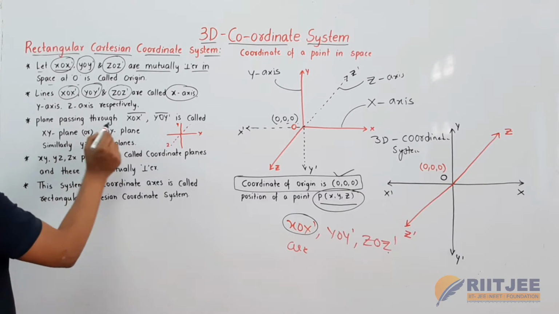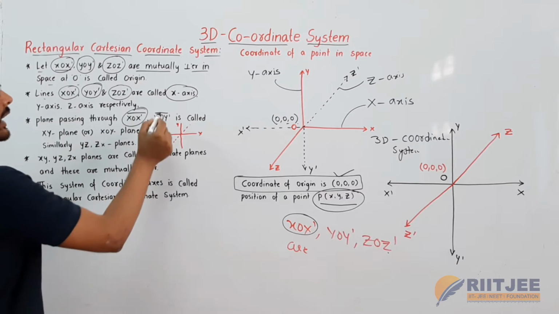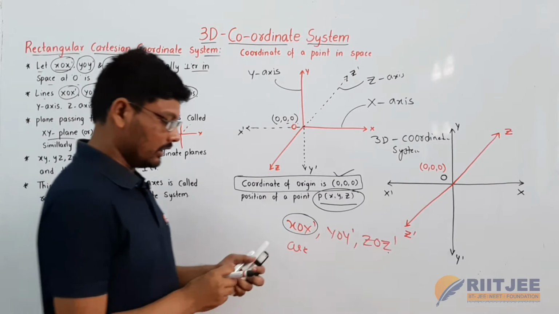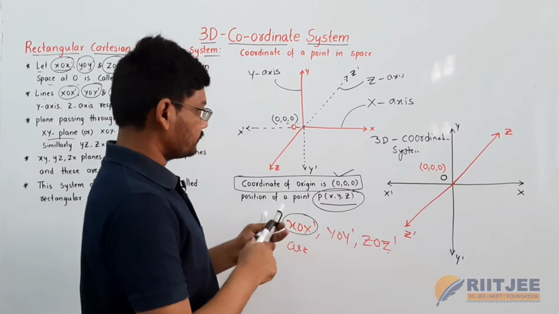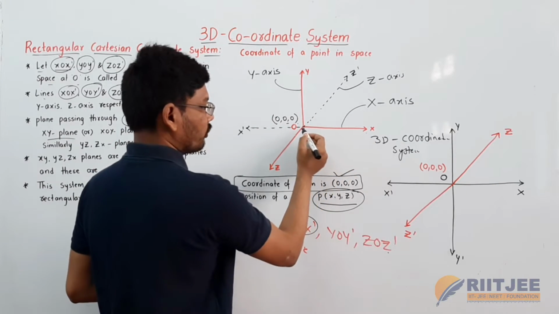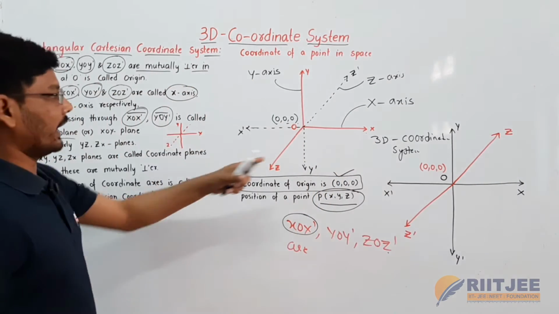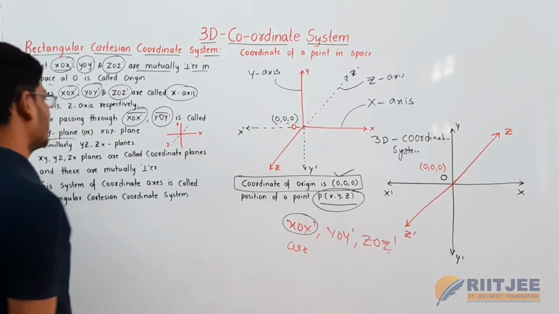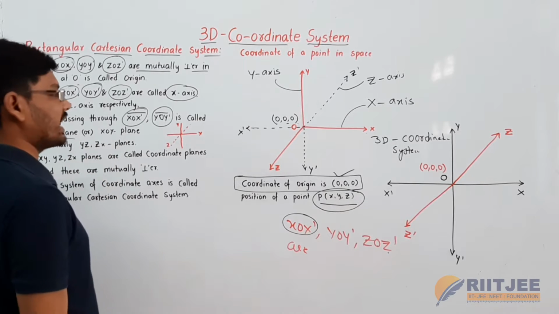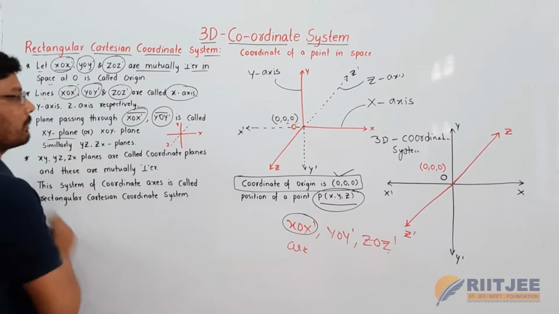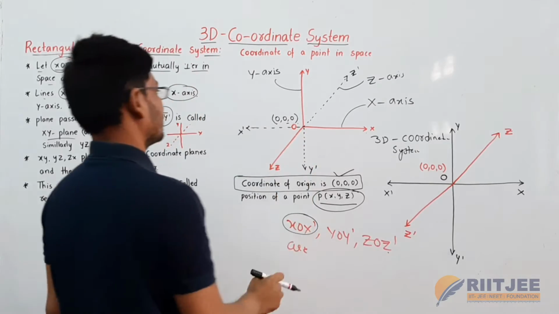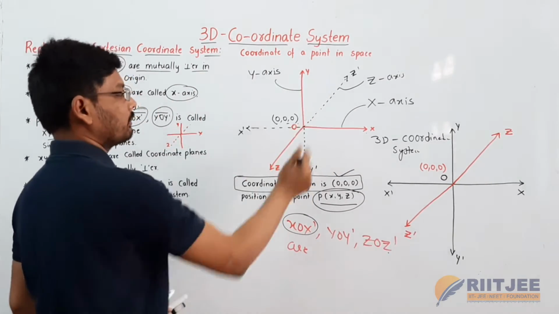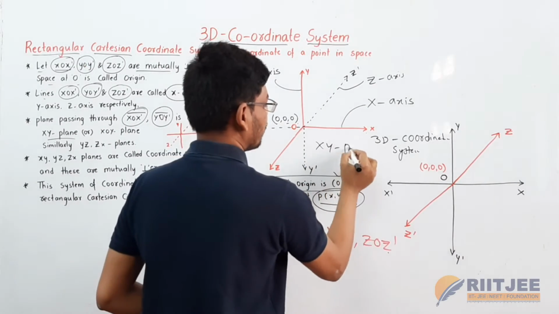Now the plane passing through X'OX and Y'OY is called the xy plane. Observe here, X'OX and Y'OY together we can call the xy plane.